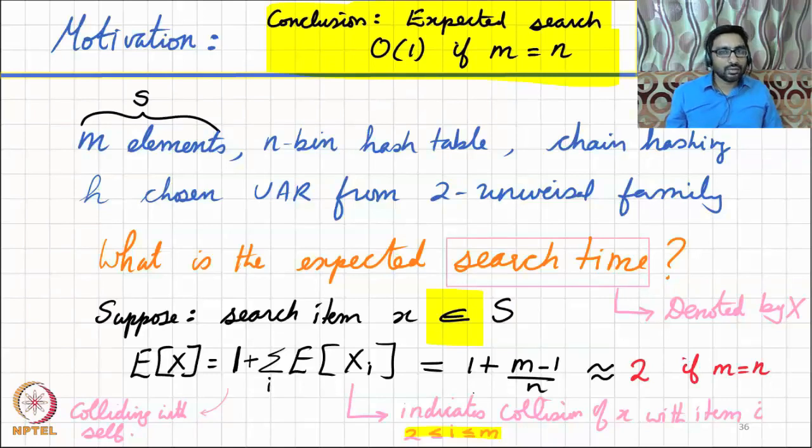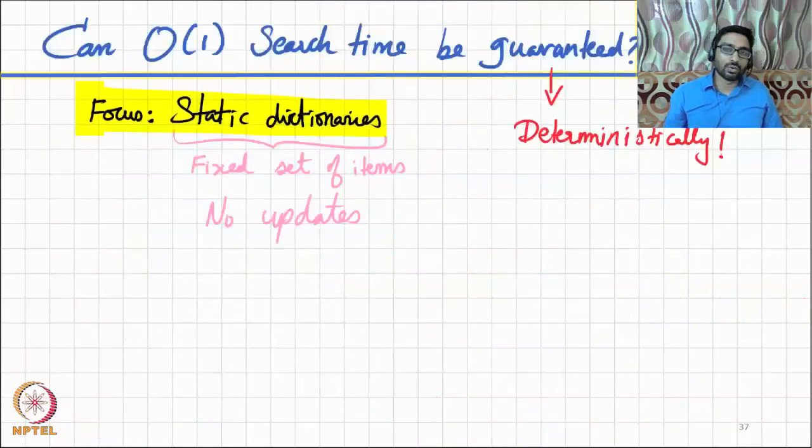And the idea of perfect hashing is motivated from this context, but we're going to be a little bit more stringent in our expectation. Instead of requiring an expected search time of O of 1, we are interested in a deterministic search time of O of 1. Can we achieve this requirement?